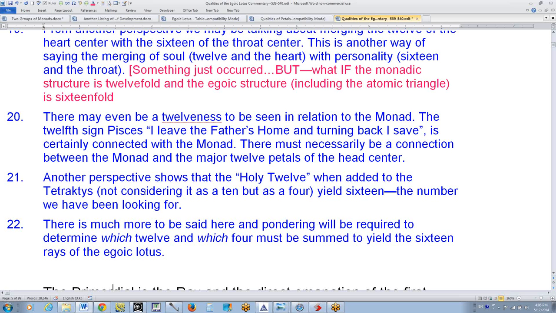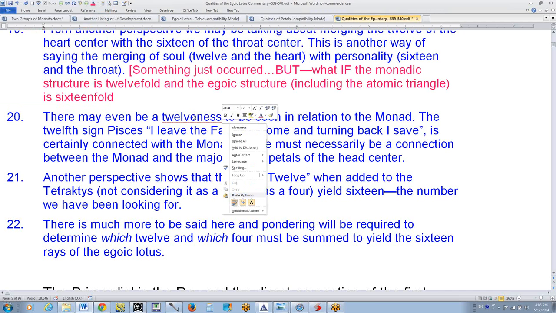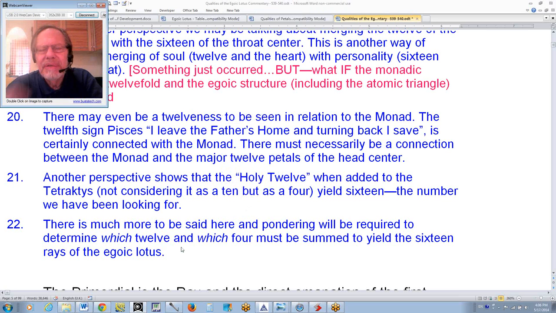Certainly, we find it easily when we just sum the parts of the egoic lotus, considering the jewel in the lotus as a unity, and that we began to do right at the outset of this little discussion. But I'm actually kind of impressed by this idea that we can count the egoic lotus itself as a tetractys, as a 10, and that we can arrive at 22.